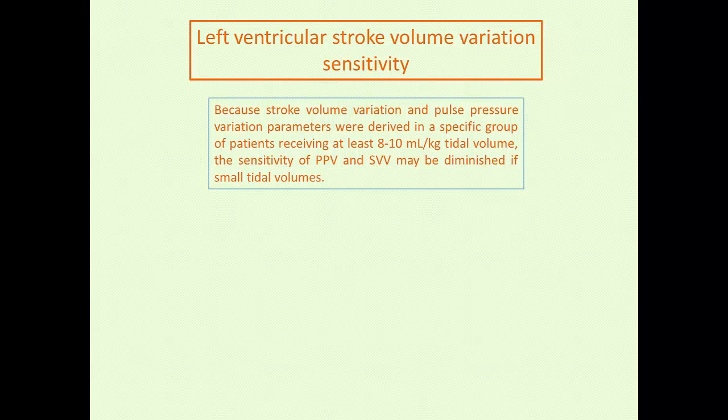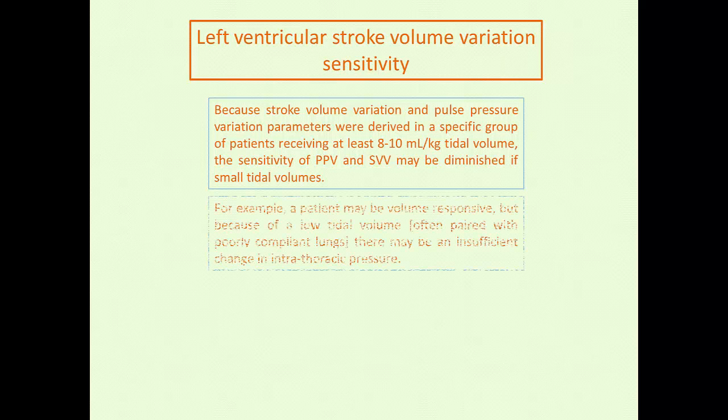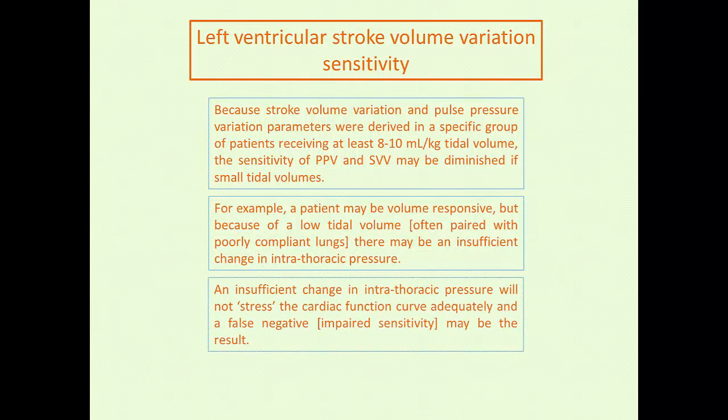You may not induce enough of a stress on the cardiovascular system, and you might not see any stroke volume variation. So a patient may be volume responsive, as I mentioned, but you may not detect this because of an insufficient change in intrathoracic pressure.